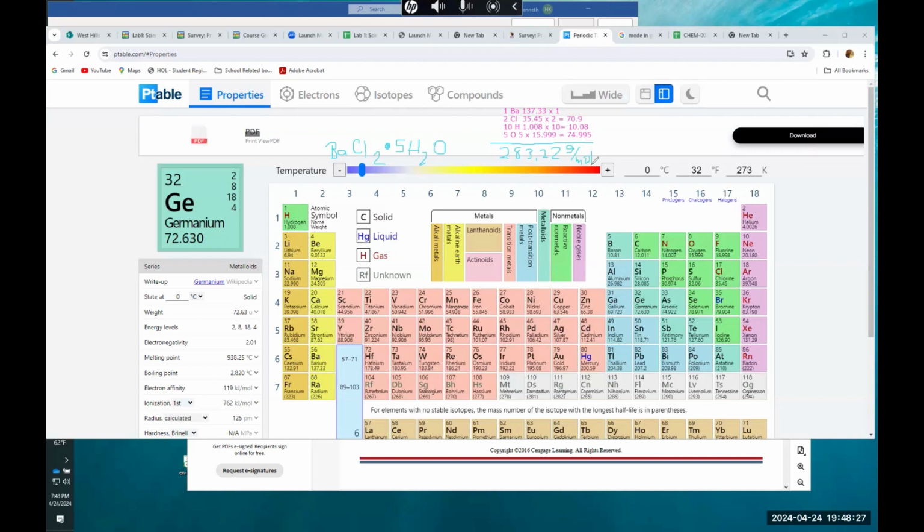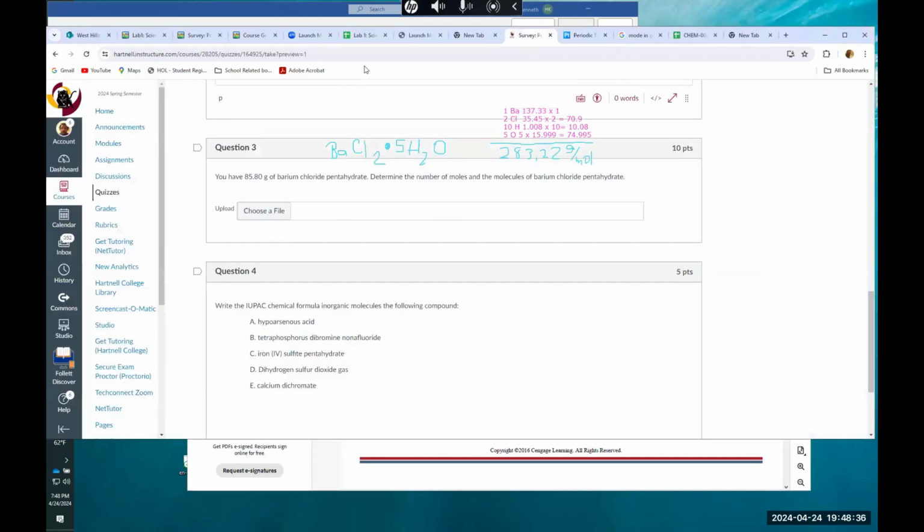Okay, so now we have the molar mass. And we're starting off with, we'll go back to the question. Okay, so we're going to start off with our given, which is 85.0 grams of barium chloride pentahydrate.